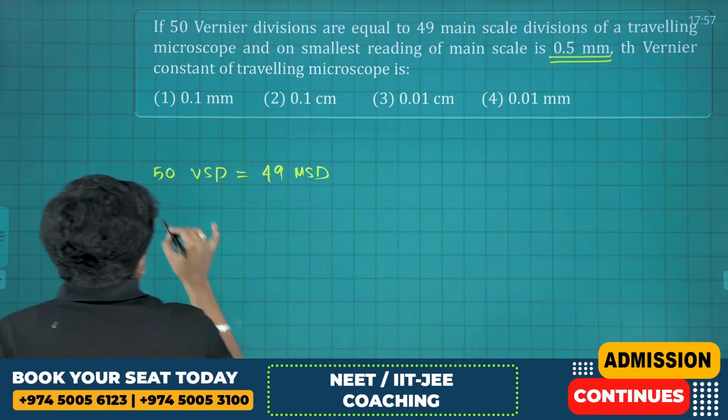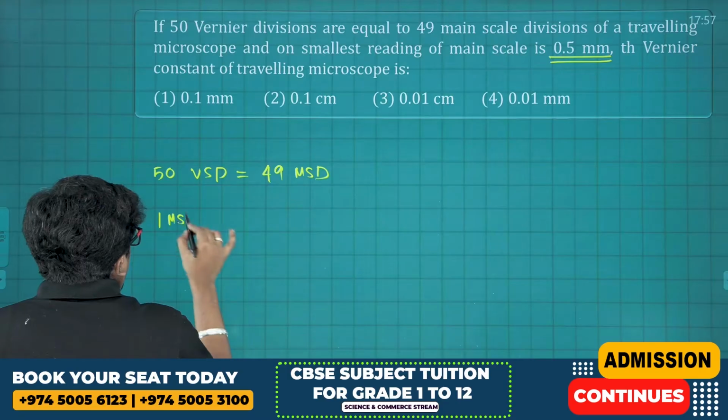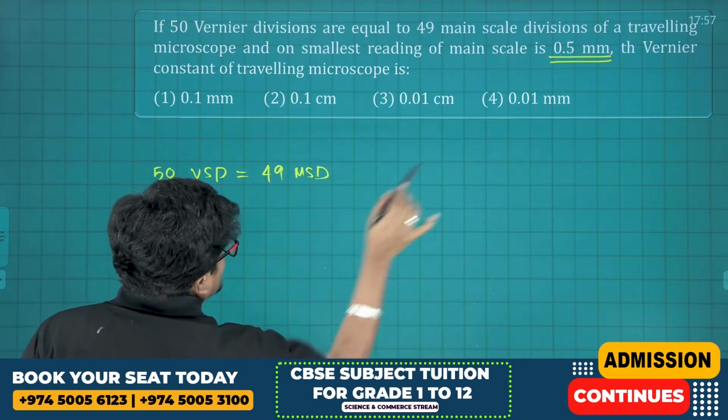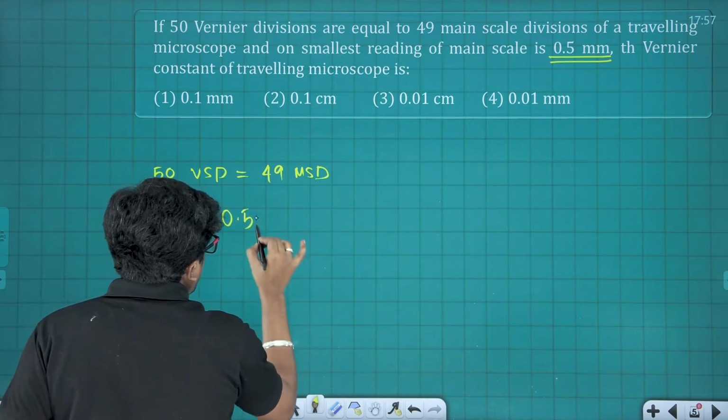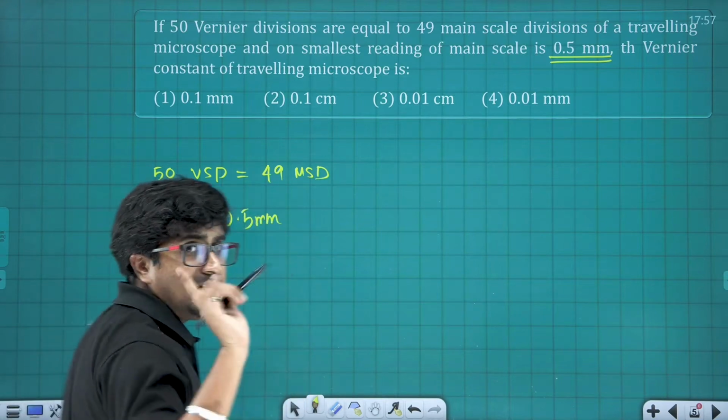So one main scale division is marked as how much? It is marked as 0.5 mm. That is one main scale division.